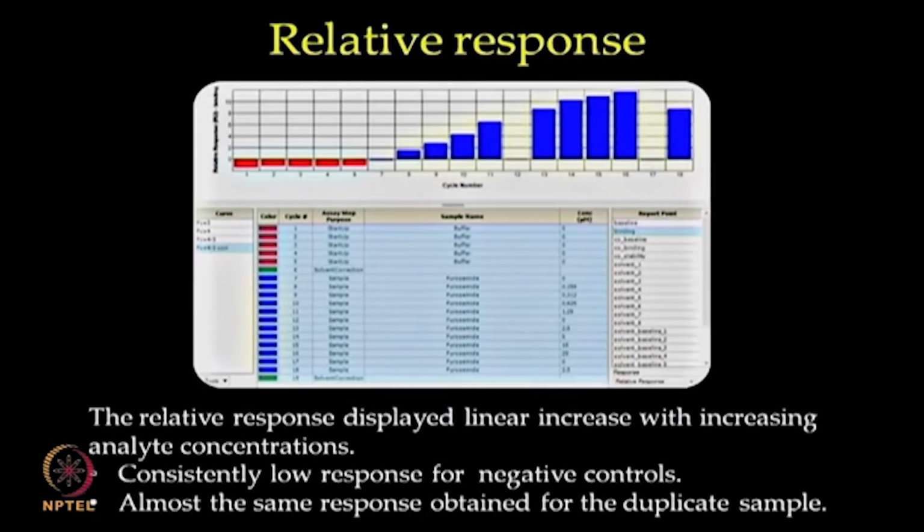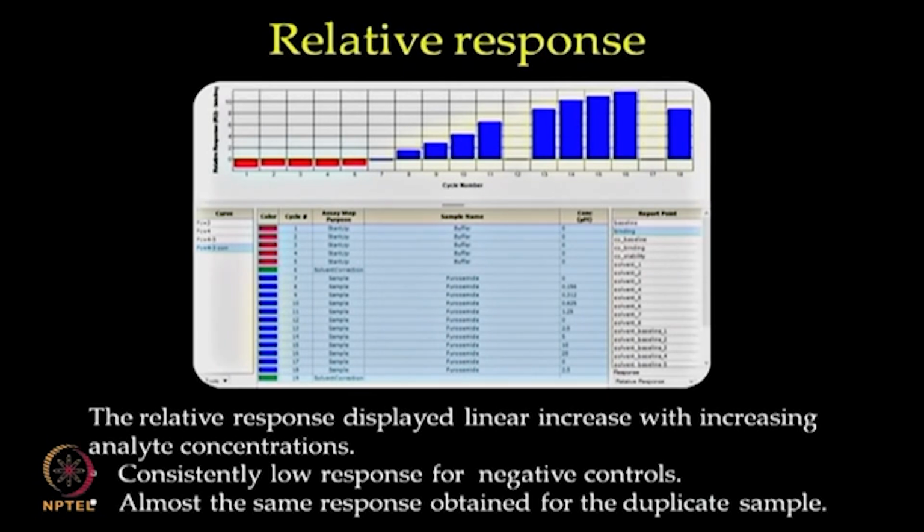Before starting with the data analysis on kinetics of the interaction between carbonic anhydrase and furosemide, we would like to show the bar graph obtained from the sensogram, which represents the relative response for report point binding against cycle number for samples.